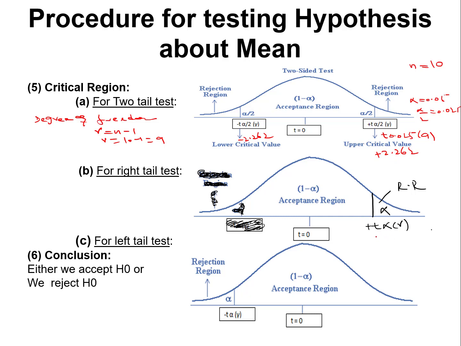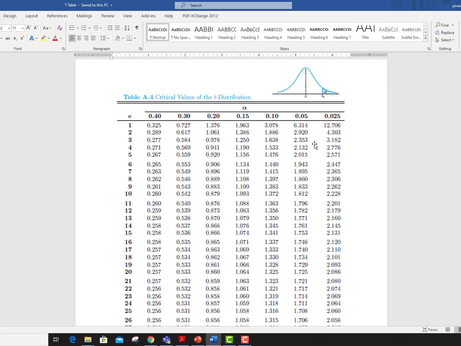Similarly, let's suppose our level of significance is 0.05 and the degree of freedom is 9. How will we find the threshold? I am going back to the t distribution table to find this value. Now we are looking for 0.05, the level of significance. Before, we used 0.025 and found the value against the degree of freedom.